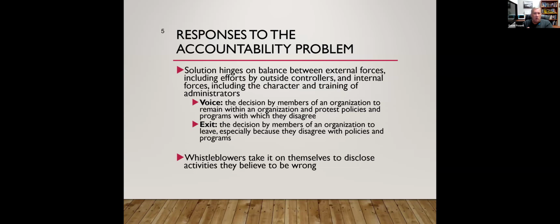So to best know what's going on with that organization, we need to empower employees to essentially become what we refer to as whistleblowers. So if an employee recognizes that there is something unethical going on within their organization, they need to feel confident enough to speak up. They need to feel confident enough to be what we call the voice of the organization. So they'll speak up and they will bring these problems to light so that overseers can see what is actually going on within the organization.